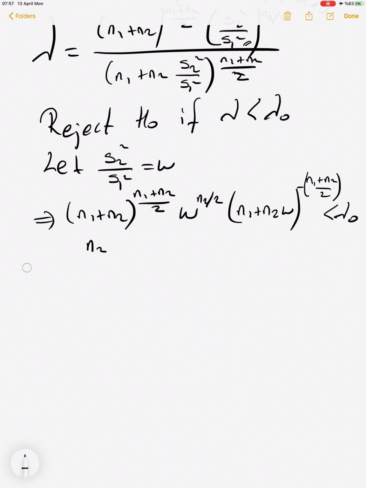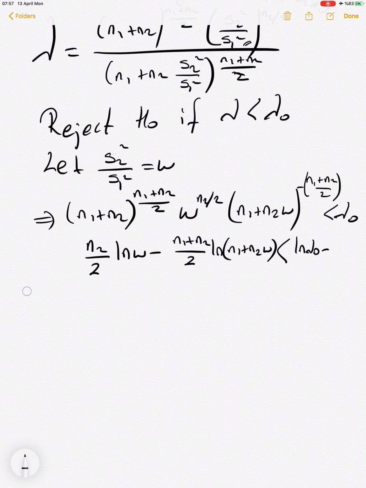So we will have n2 over 2 ln w minus (n1 plus n2) over 2 ln (n1 plus n2 w) less than ln lambda 0 minus the constant part. Okay, so this part is not that important. So let's say this is our k, and let's say this is our z.